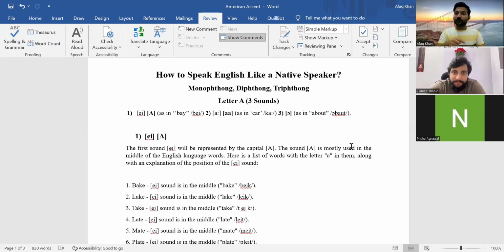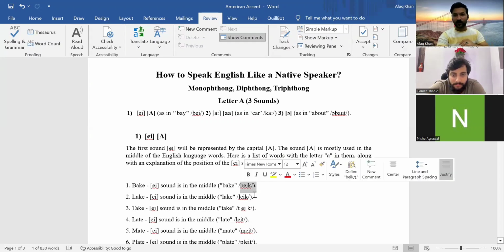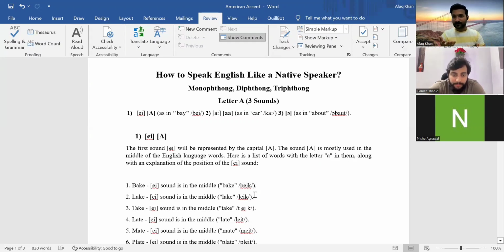Because if I go deeper into that question, then it is not like that. Then you have to look at this transcription. You know what transcription is? This is the transcription of the sounds. These are the letters. These are the transcriptions. And then you have to go for transcriptions and the way every sound is produced, and look at the level of the tongue: how high, how mid, and so on.